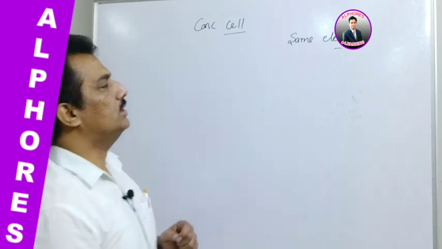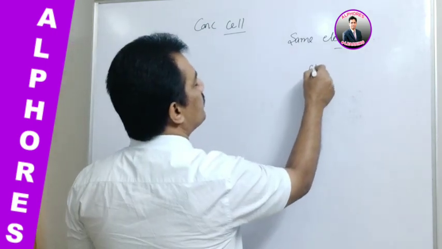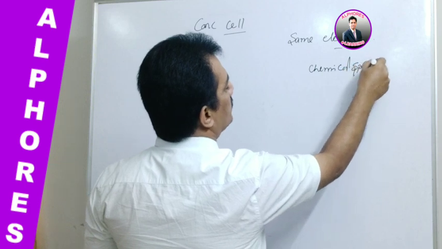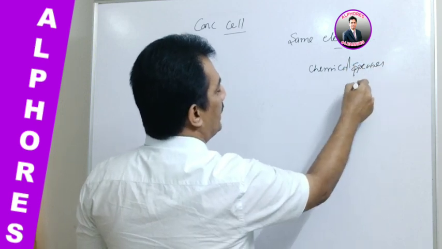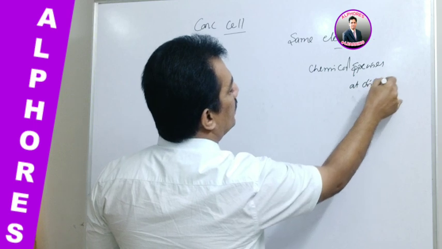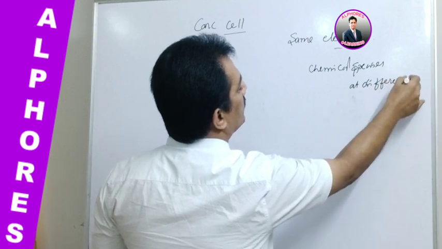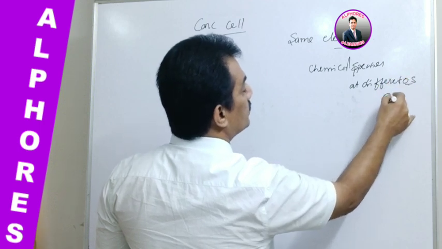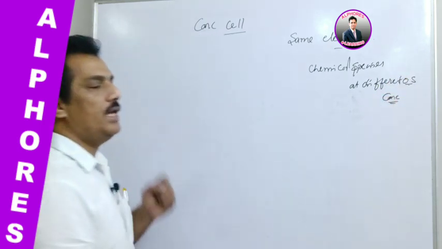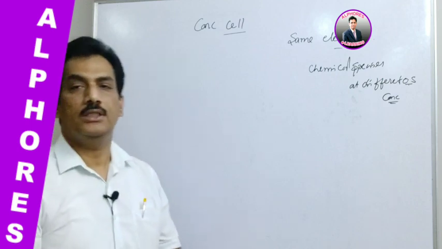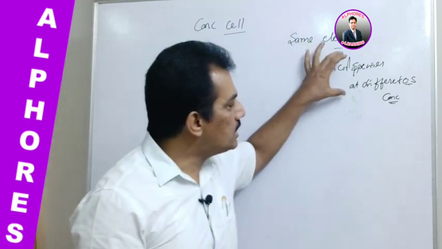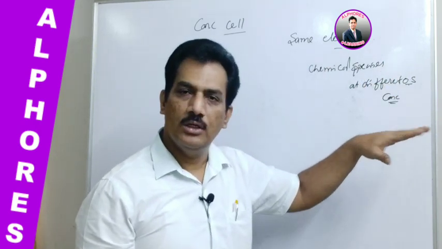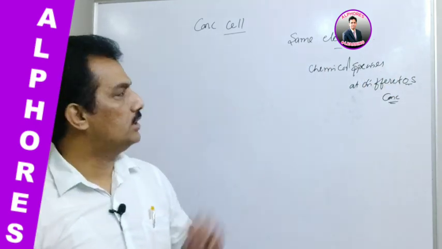But the condition is these chemical species, nothing but the ions, should be at different oxidation states and thereby at different concentrations. Then it is said to be a concentration cell.